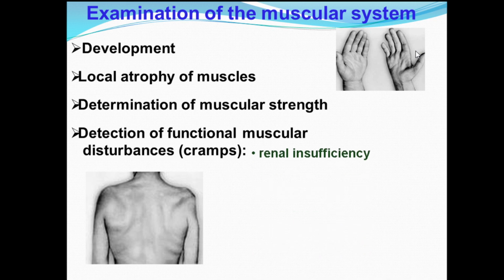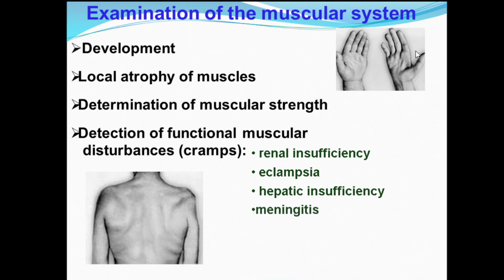Cramps appear due to renal insufficiency. They may be specific signs of some pathology such as eclampsia. They may be a result of hepatic insufficiency due to intoxication, meningitis, inflammation of the central nervous system, brain.